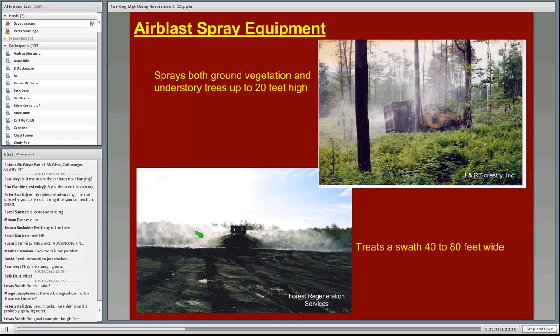So if you had stuff that was higher than 20 feet, you probably aren't going to get control of it with this kind of treatment. You would have to come through and follow up with some other type of treatment on other things that might be higher than that. They can treat up to 100 acres in a day if they can move through and get some production on any given day.